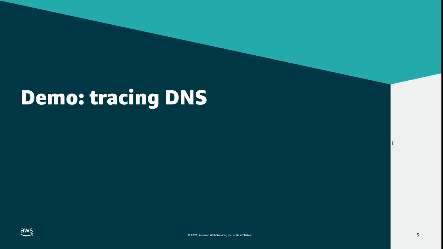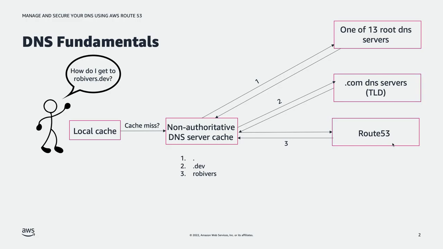The first thing we'll do is try to look up a domain name. Yeah, I can show the previous screen again. There you go. Is that all right? Okay, cool.